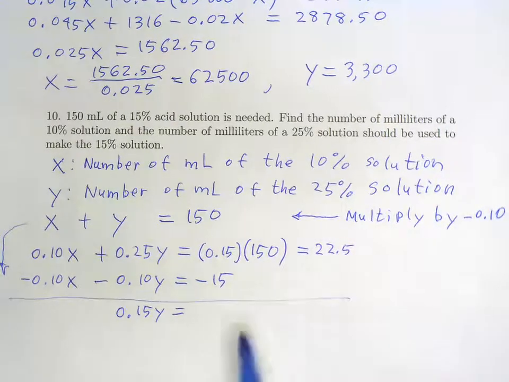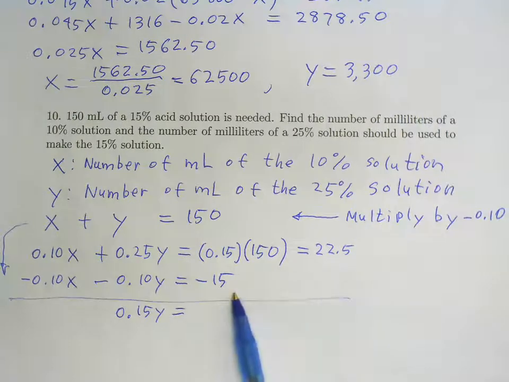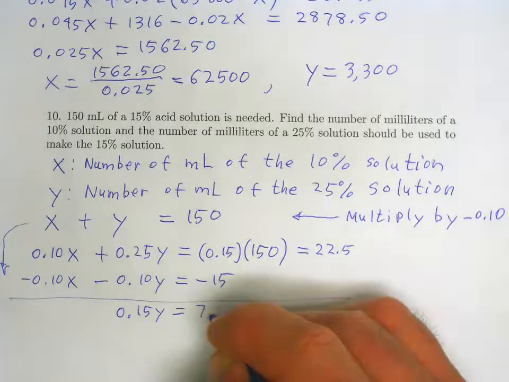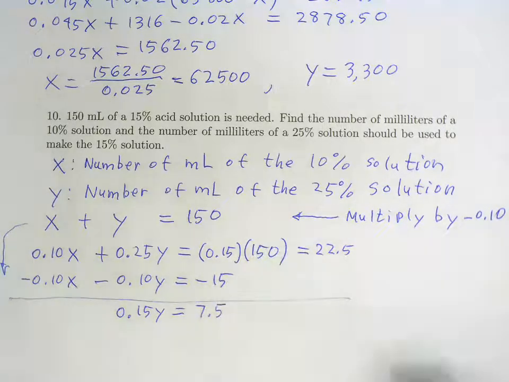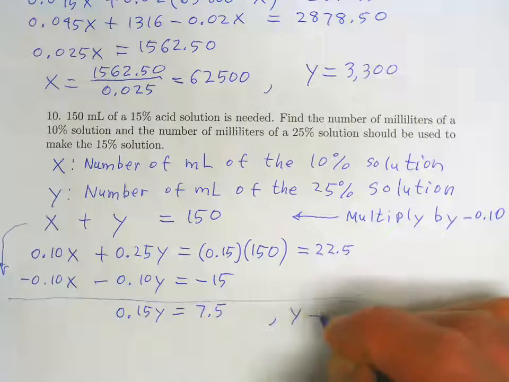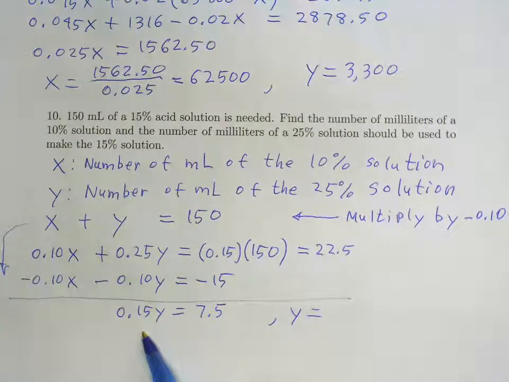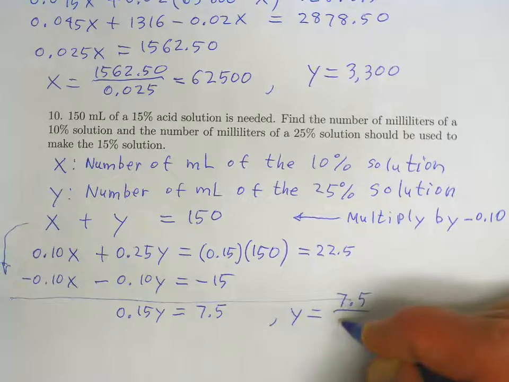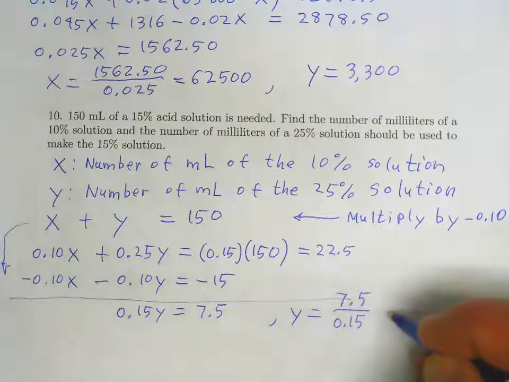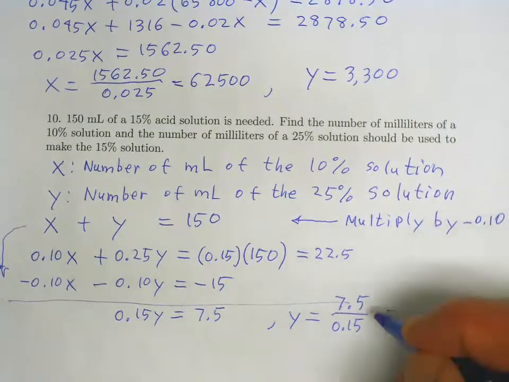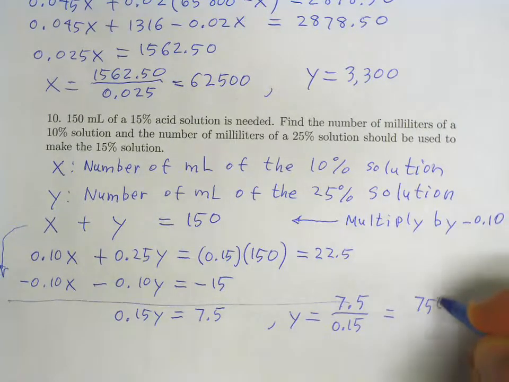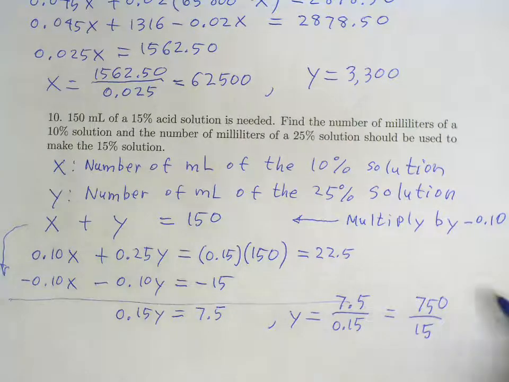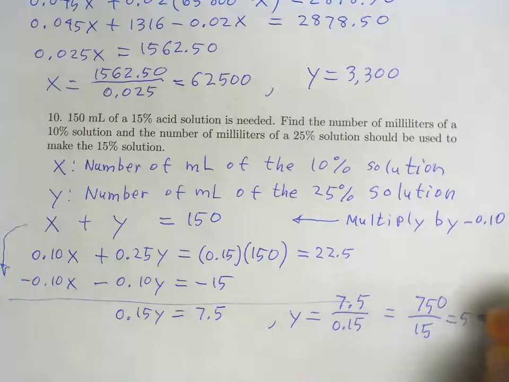And so when I add 22.5 to negative 15, I just get positive 7.5. And then to solve for y, we can just divide both sides by 0.15. So 7.5 divided by 0.15. We can think of that as 750 divided by 15. And that simplifies to 50.